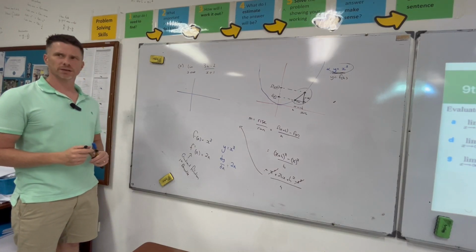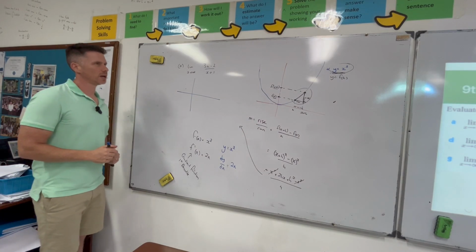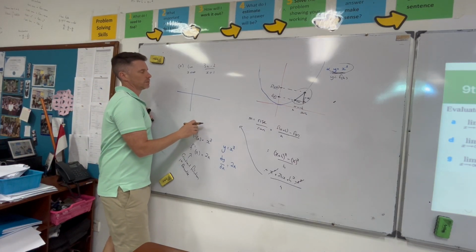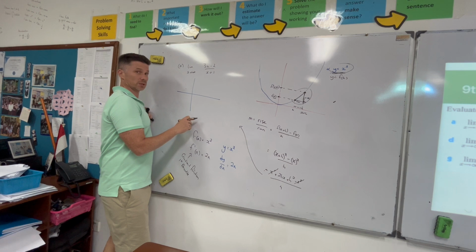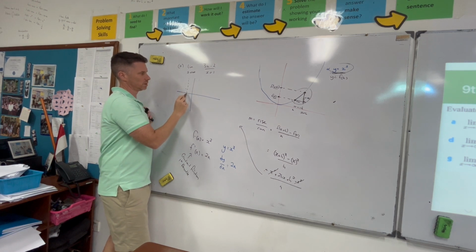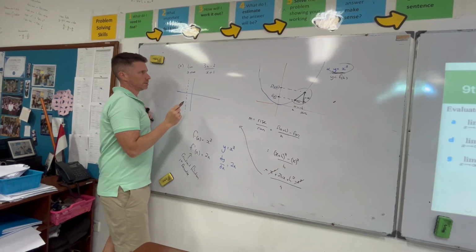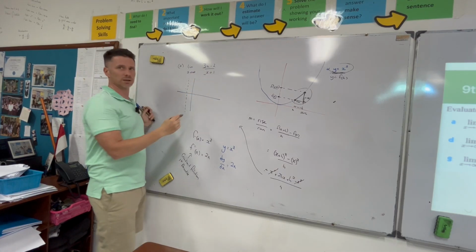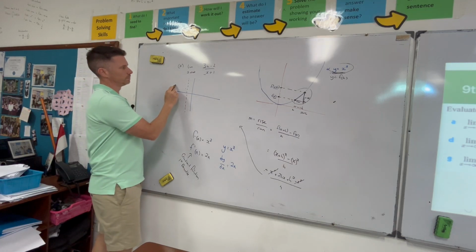So what does that mean? The x asymptote is minus 1, so it's like a dotted line here at minus 1. And the y asymptote is 3, the coefficient here over the coefficient there.